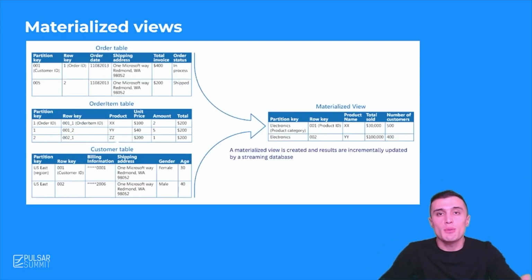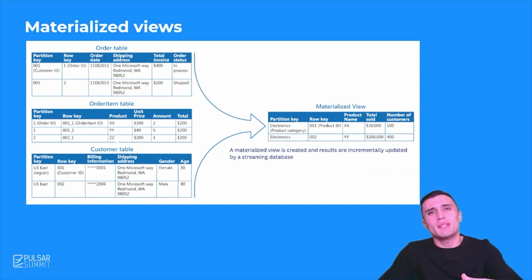Materialized views are typically used in situations where a complex query needs to be executed frequently, or where a query result takes a long time to compute. By pre-computing the result and storing it in a materialized view, or what we call a virtual table, queries can be executed more quickly and with less overhead.